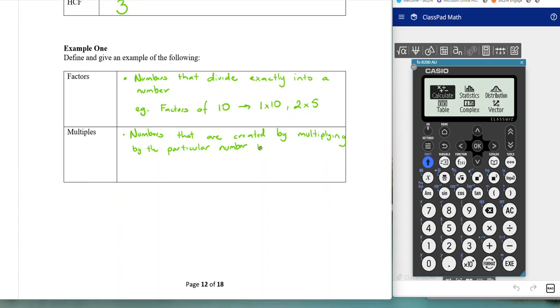And I should say by any whole number. There you go. Let's get rid of that by. Multiplying the particular number by any whole number. There we go, that makes better sense.